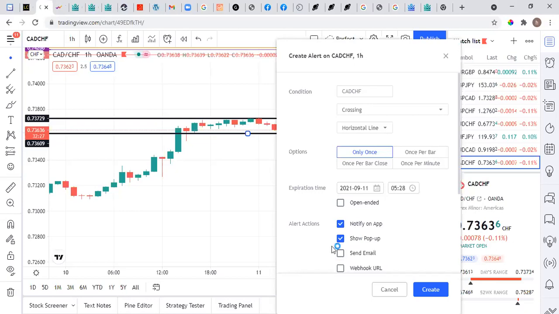Even if you are not in the market, you did some analysis and marked up some areas that you think are good to enter the market, this thing can send you emails. So you don't have to stay on your computer all day. When you get the email, you can log into your broker and take the trade.